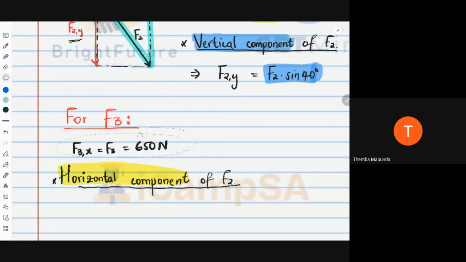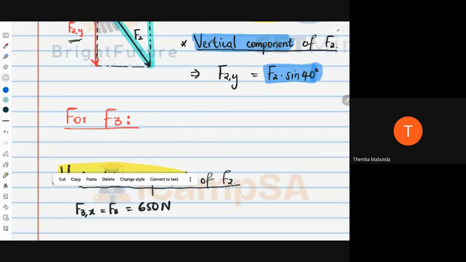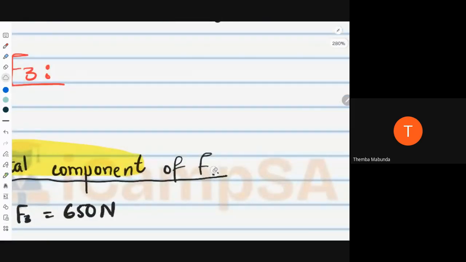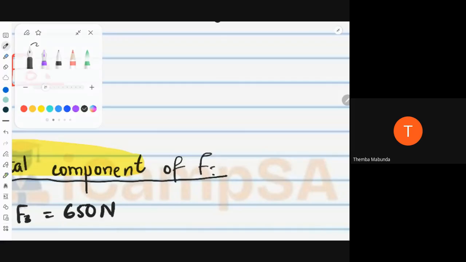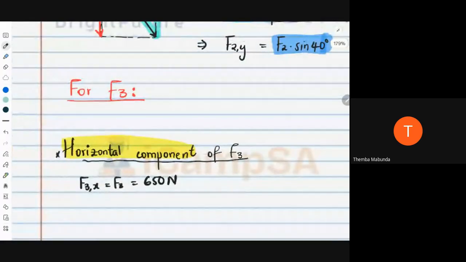The horizontal component of F3 is this one. This is F3. It's simply the same as F3. And I told you why it's like that, right?